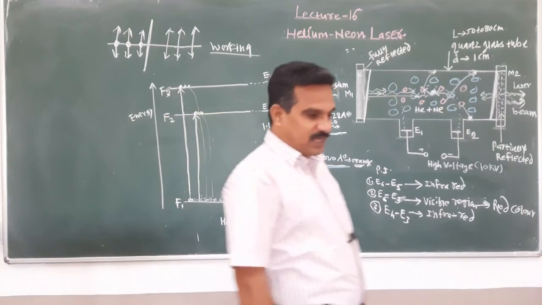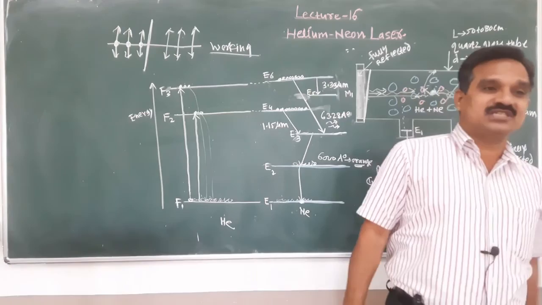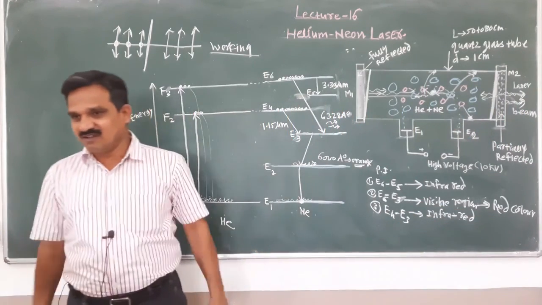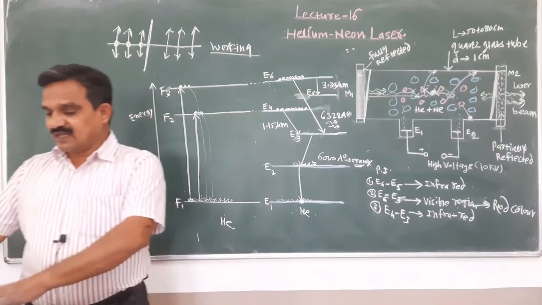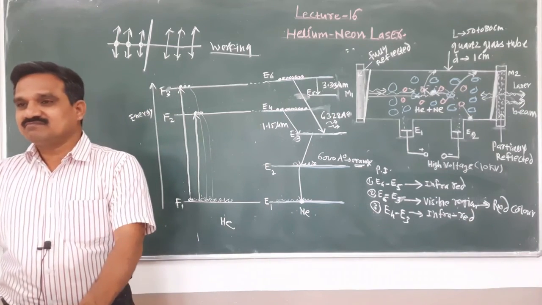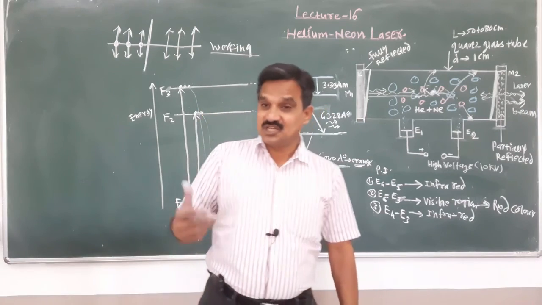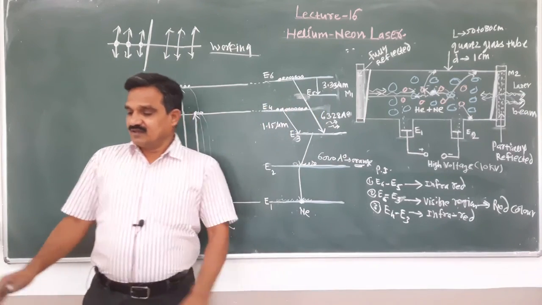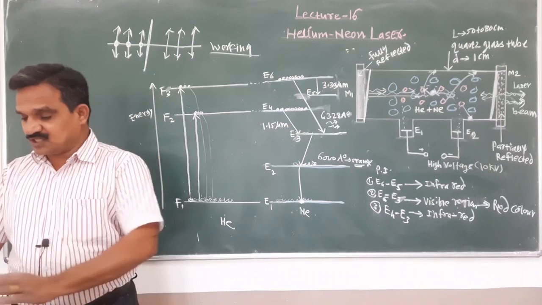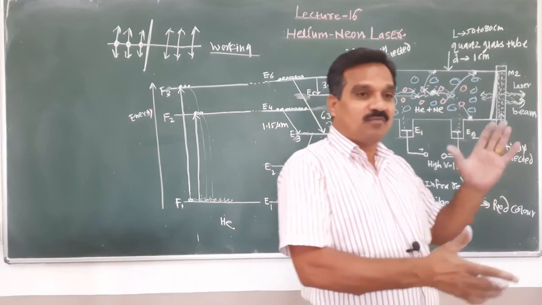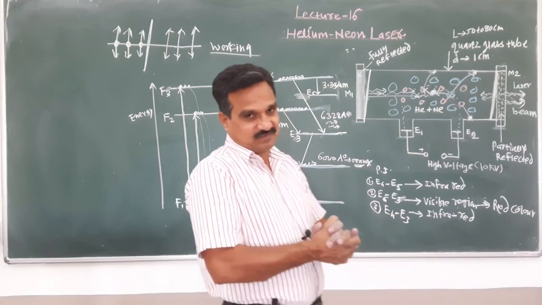Among the most widely used applications, helium neon lasers are used in barcode reading, in shops or in malls. Again, you remember that helium neon lasers are used in industry. These are the applications. This is all about the helium neon laser.